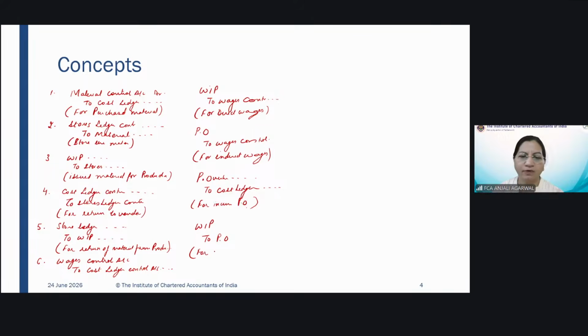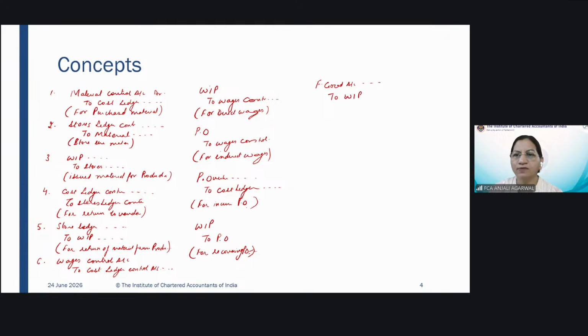For recovering, or absorbing, you can say recovered, absorbed or charged to the work in progress. So now the entire WIP is also complete. From here, the goods will move to the finished goods department. So finished goods control account debit to work in progress.